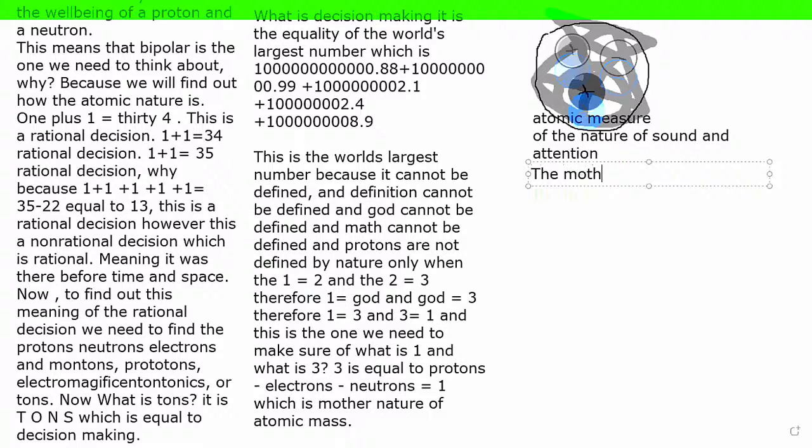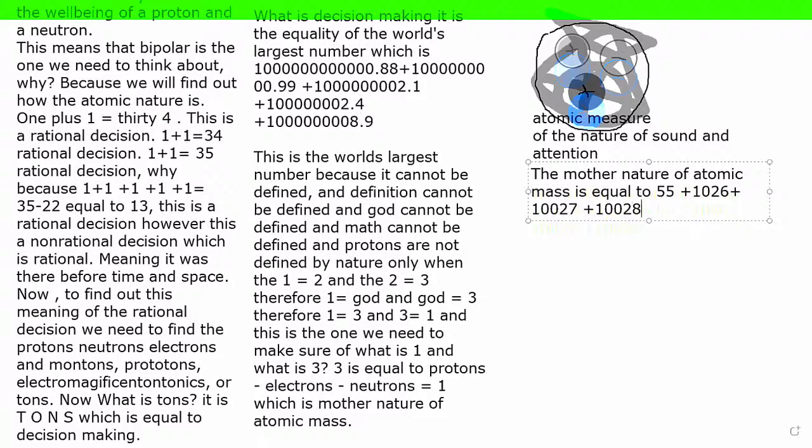The Mother Nature of atomic mass is equal to 55 plus 126 plus 127 plus 128.9 plus 10.10.